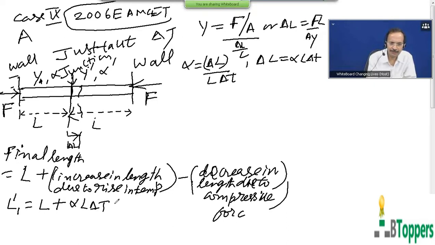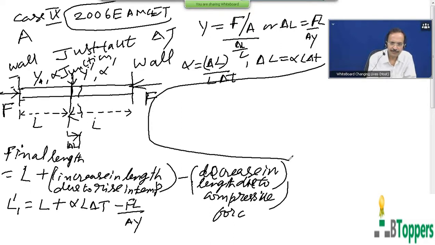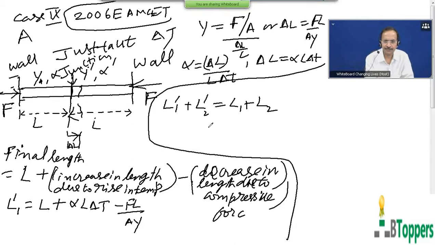Decrease in length due to compression force is FL by AY. But the sum of the final lengths of the two rods when temperature is increased is the same as the sum of the initial lengths L1 and L2.